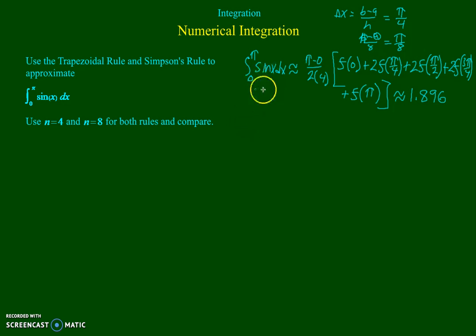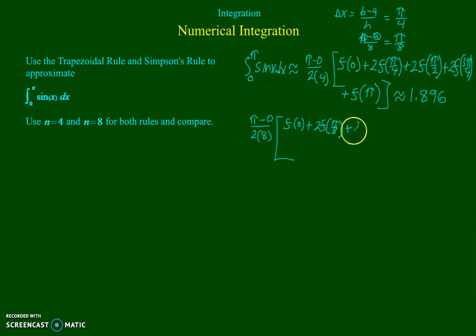So now let's do the sum with 8 terms. So we know that it's going to be this integral, so I'm just going to write the terms. So we have pi, that's b minus a, over 2 times 8 this time, because 8 is the number of subintervals, times f of 0 plus the second term. Now, we have another calculation here, which is going to be b minus a over 8, which is pi over 8. So that's the subinterval for this one.